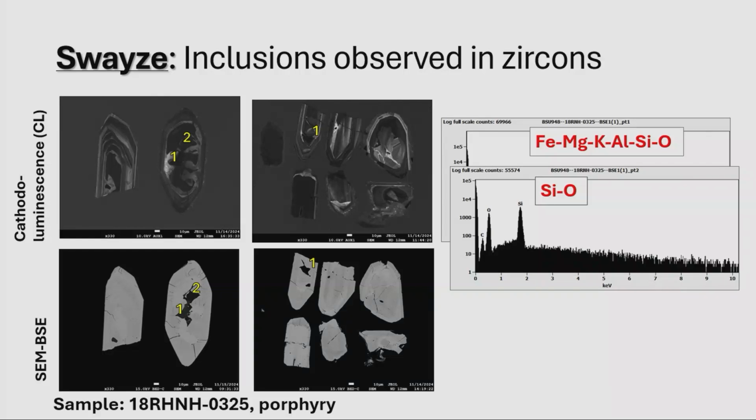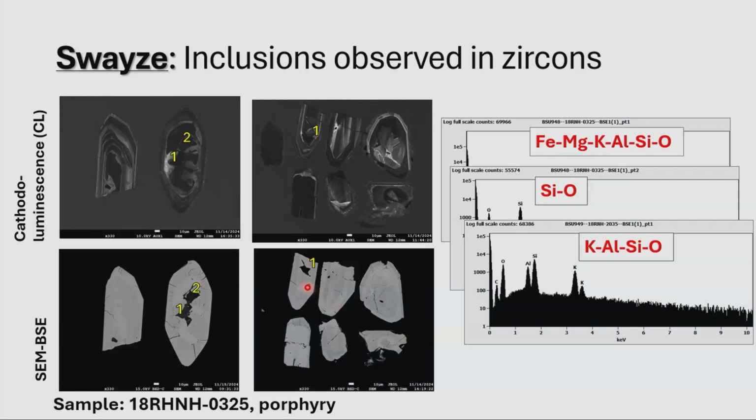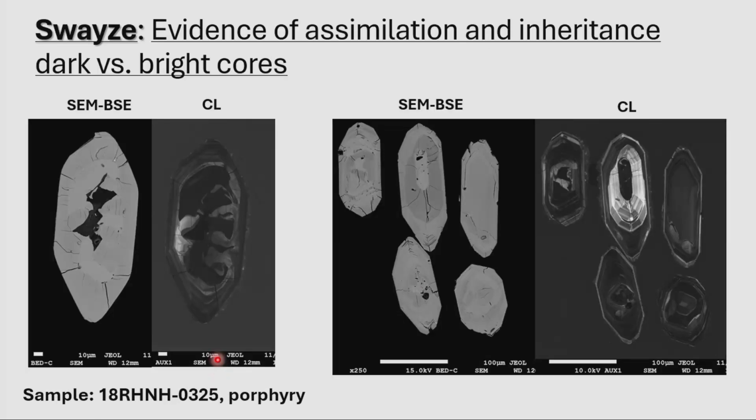It'll allow us to make much more accurate temperature calculations. Finally, on the right side, we have a potassium aluminum silicate, a K-feldspar, included within the grains. So we start to get an idea of the co-crystallizing phases at the time of zircon growth.